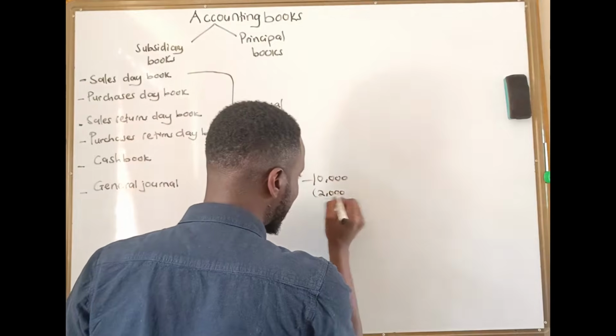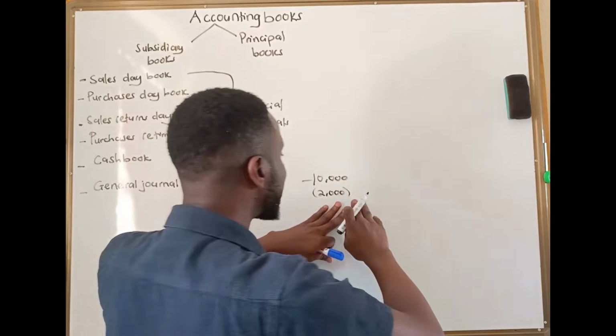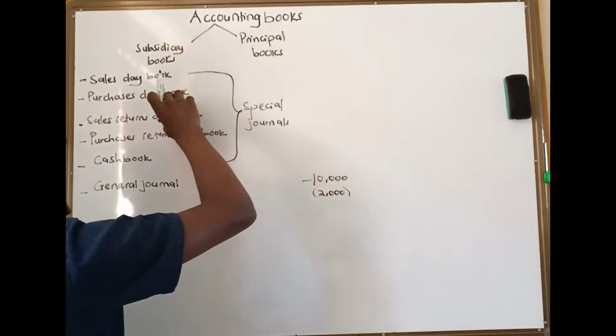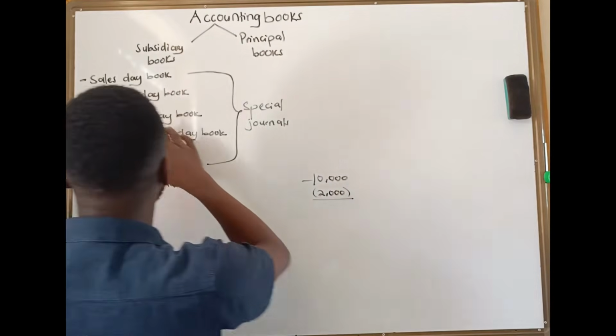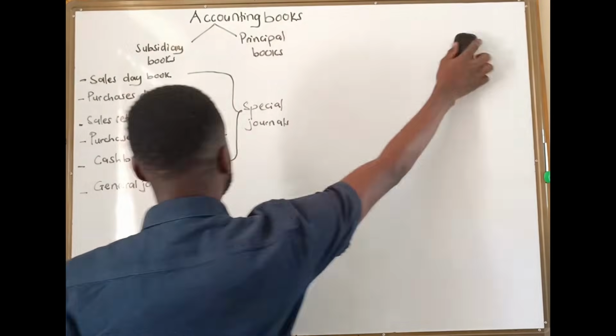So he's going to return these goods. Remember, these goods were taken on credit, so we come back and record them in the sales returns day book. The 2,000 here will go in the sales returns day book.